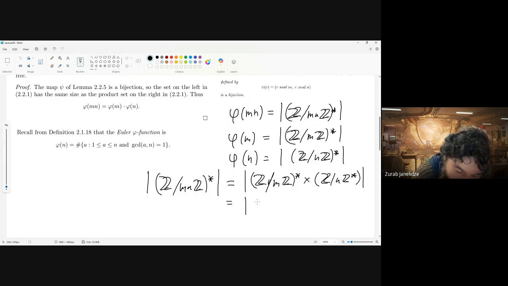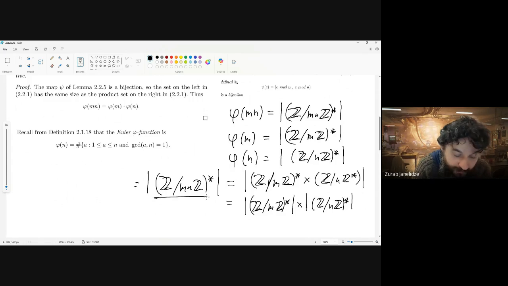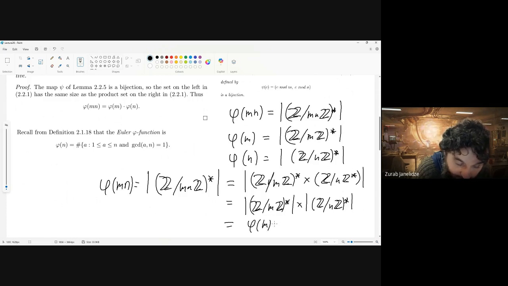So we can decompose this into the size of Z over mZ star times the size of Z over nZ star. So the left-hand side here, the first thing we wrote, is our phi of mn, and this one is of course just phi of m times phi of n, and there we go.